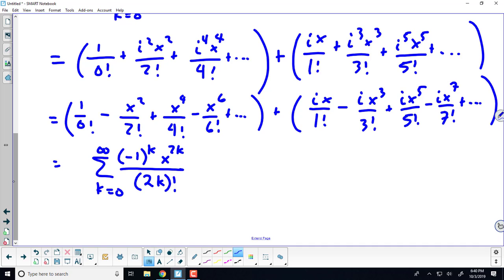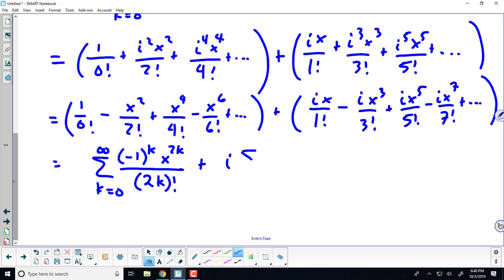So depending on whether k is even or odd, it's either going to be positive or negative. So that's what that does. I only want even powers of x, so that's why it's to the 2k. And I only want even factorials in the denominator. We okay? Have you guys seen this before? Some of you have? All of you have. I'm sorry, we'll get through it then.